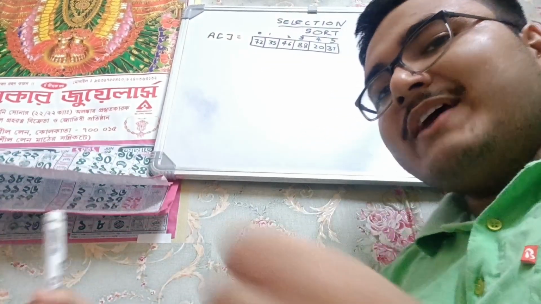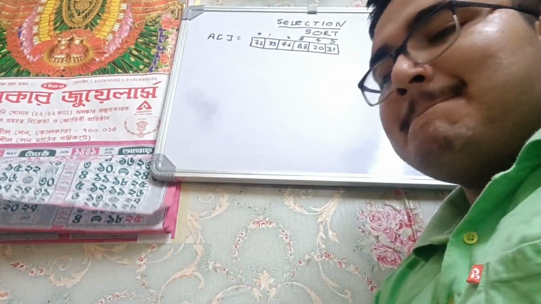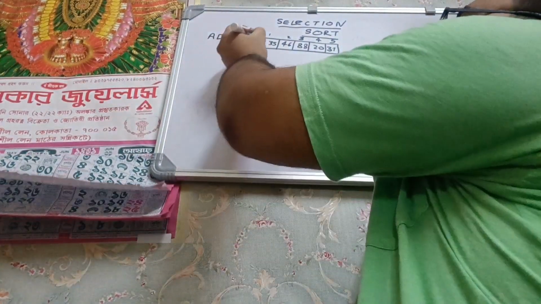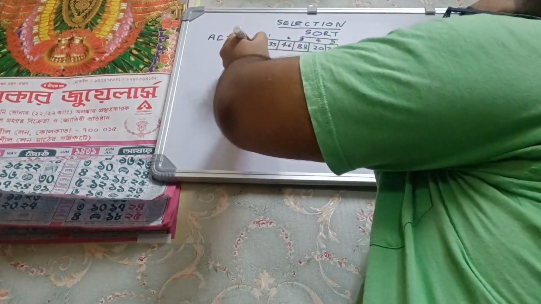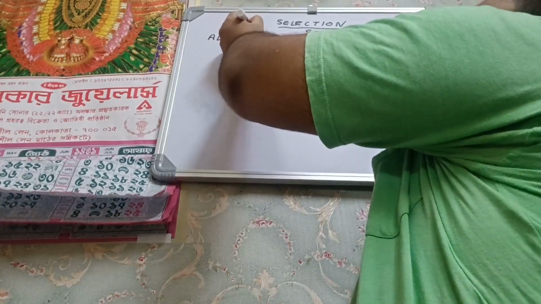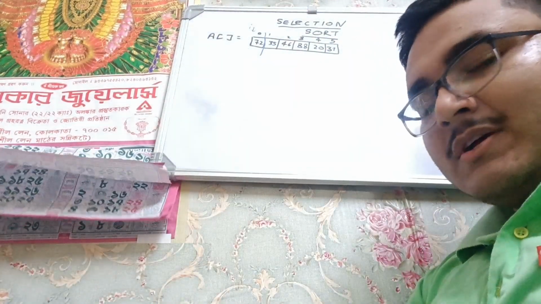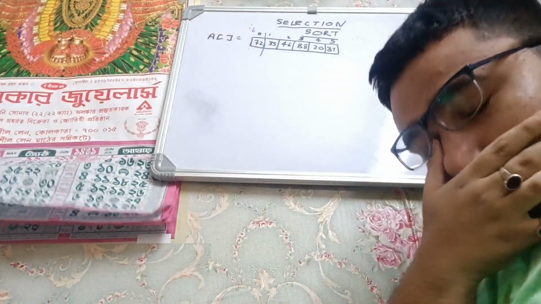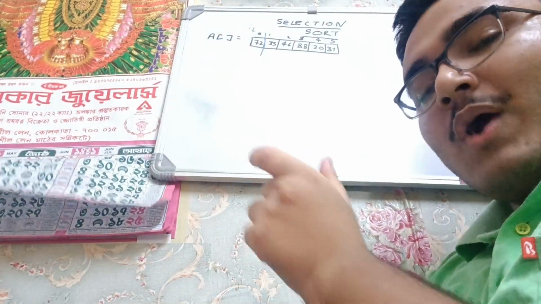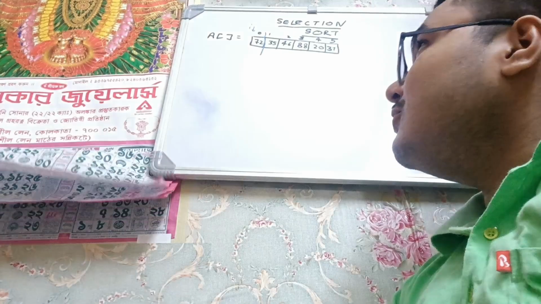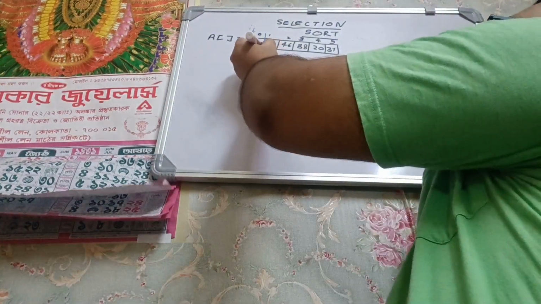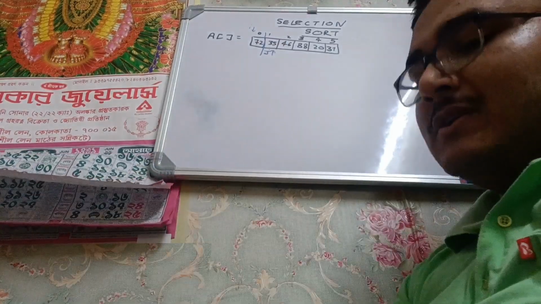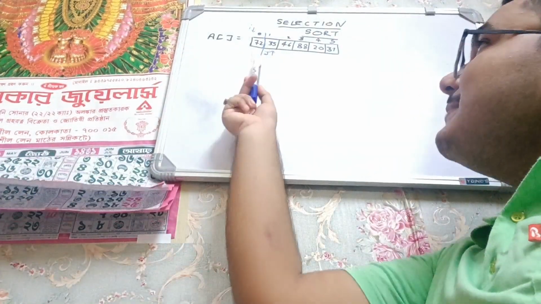Now, why selection sort? The name, see what it does, it actually selects elements one by one. Suppose it selects the first element. It is obvious that the first element is not at its correct position. So what will another pointer do? We will use another pointer, this is j.